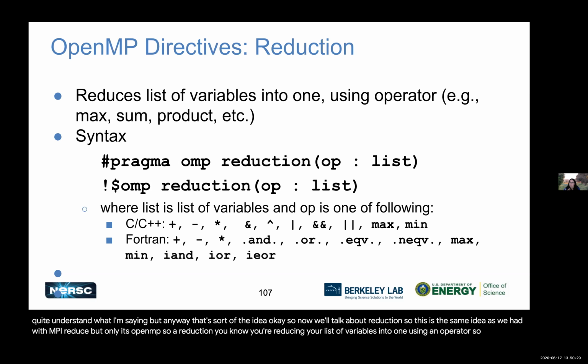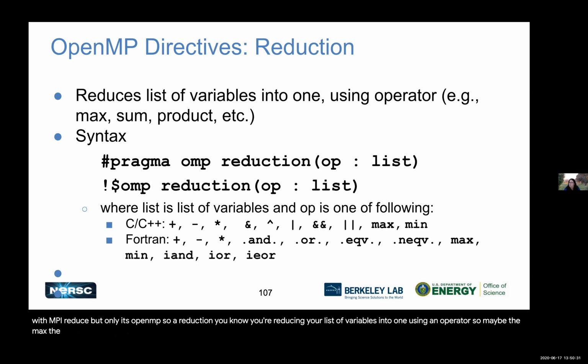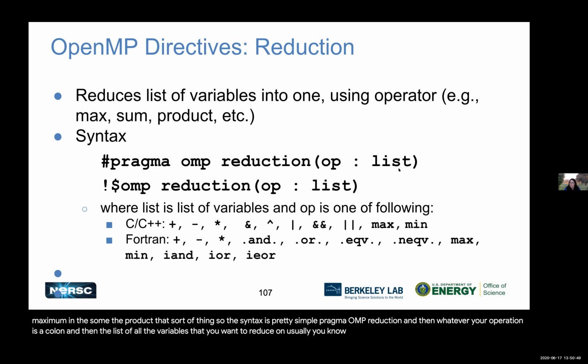So maybe the max, the min, the sum, the product, that sort of thing. So the syntax is pretty simple. Pragma OMP reduction, and then whatever your operation is, a colon, and then the list of all the variables that you want to reduce on. Usually it's just one, but you can reduce on a bunch of different variables at the same time with the same operation.